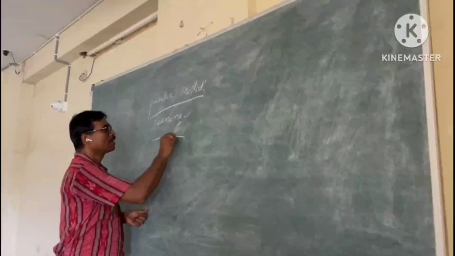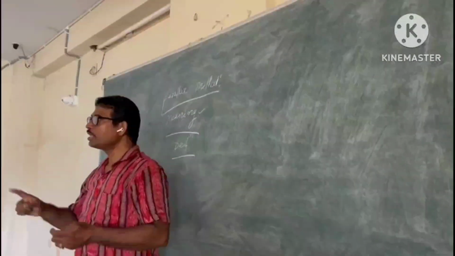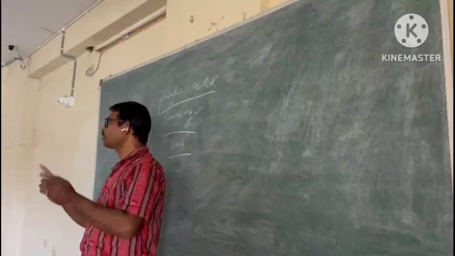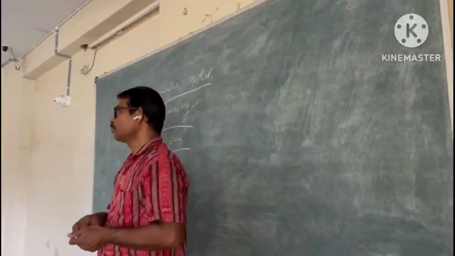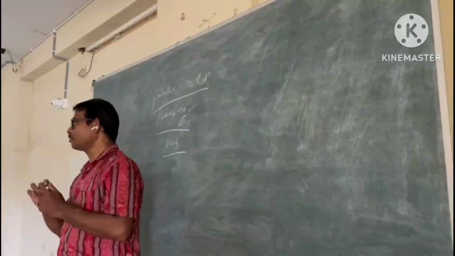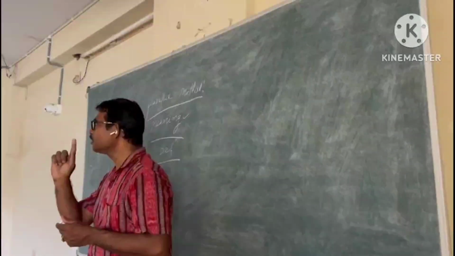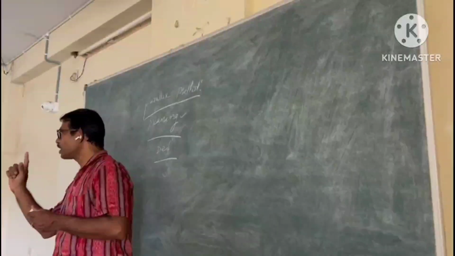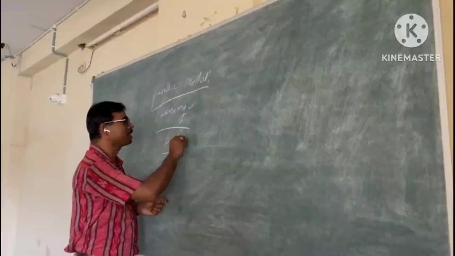Definition is, it is the name given when there is a change in the position of the object with respect to the background, while you are viewing the object by changing your eyes. This is the definition.